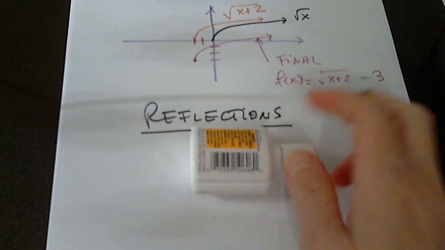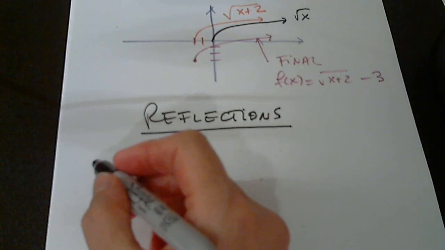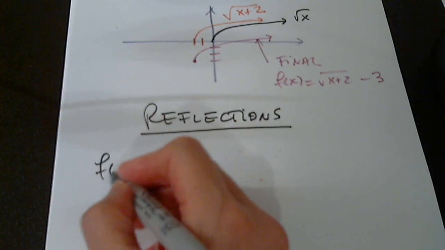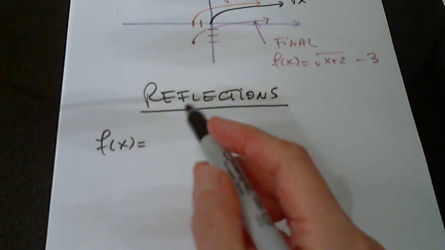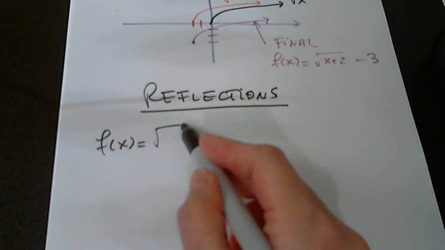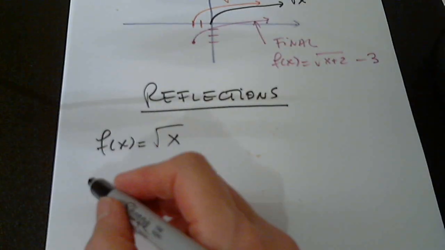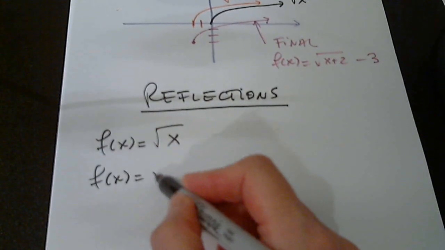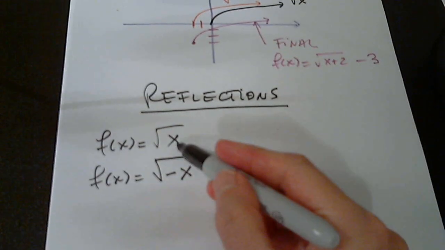Good. So f of x, I'm going to pick again, let's say the square root of x. F of x with the square root of negative x. I'm changing x.